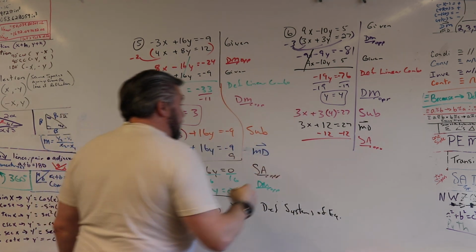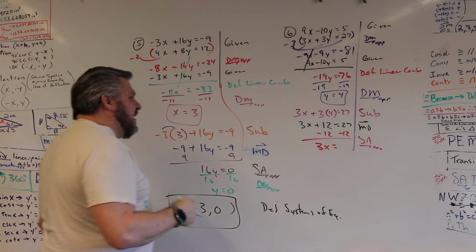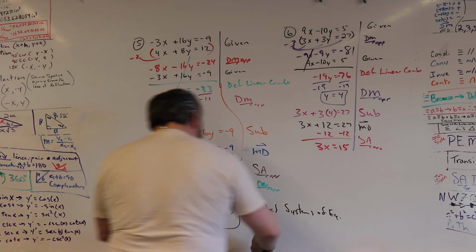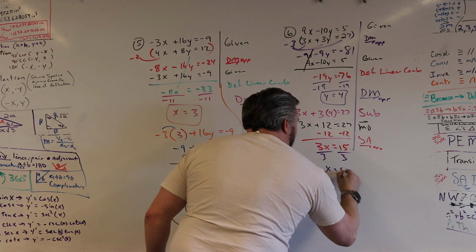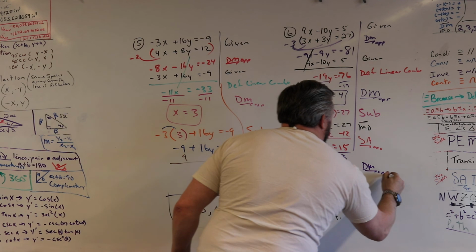Okay, and then that'll be 3x is equal to what's 12 from 27? That'd be 5 and 15, so 15. And we're going to divide by 3. We get x equal to 5. And that is division, multiplication, opposite, DM.